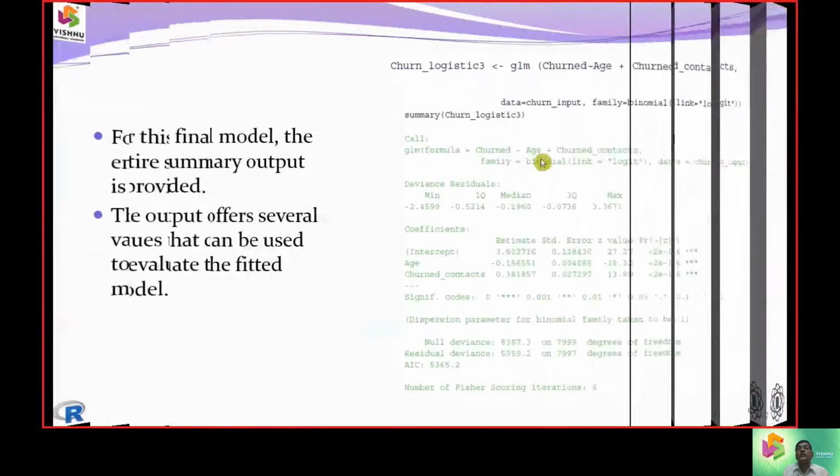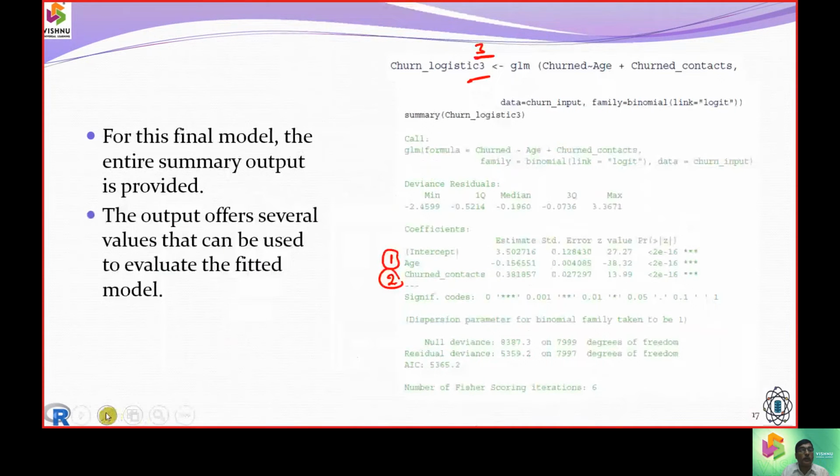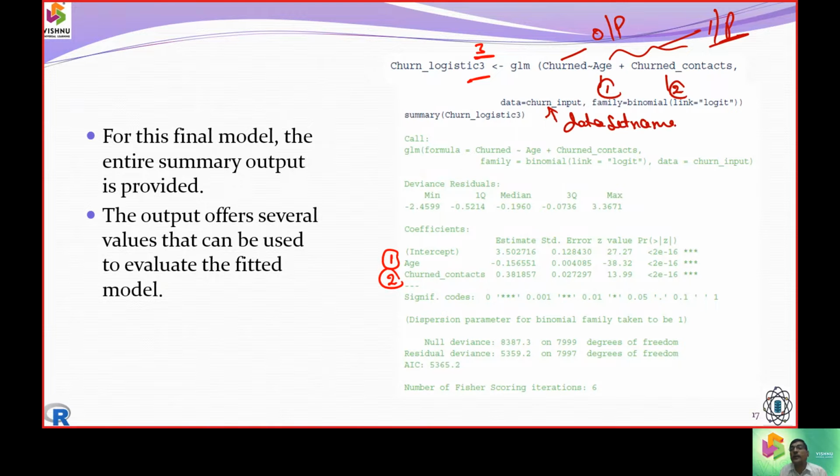But now in this model, we are going to feed only age and churn contacts. So churn is going to be the output variable. Age and churn contacts are going to be the input variables. Churn input is the data set name, and binomial is the logit function.